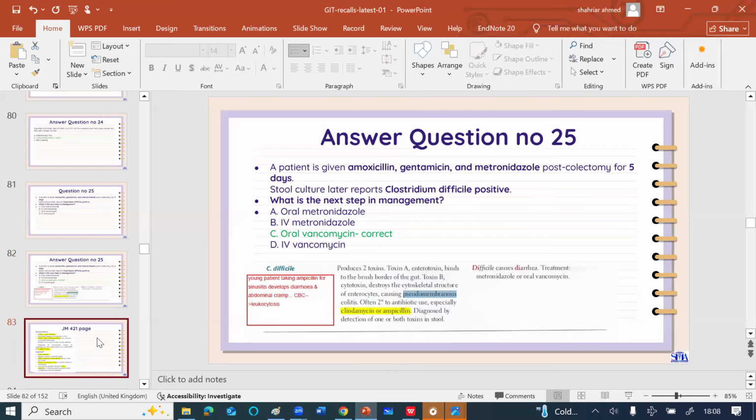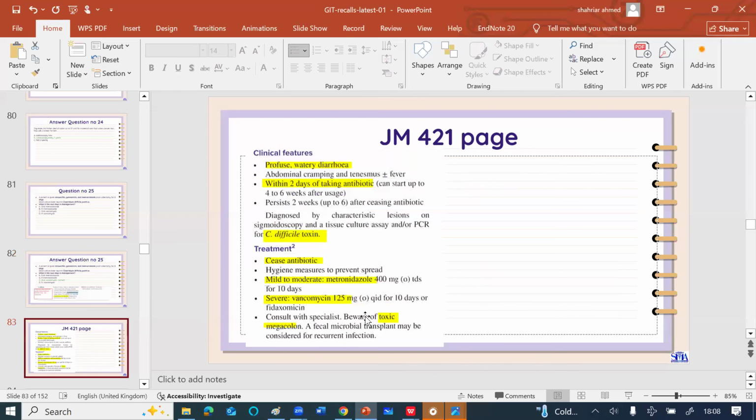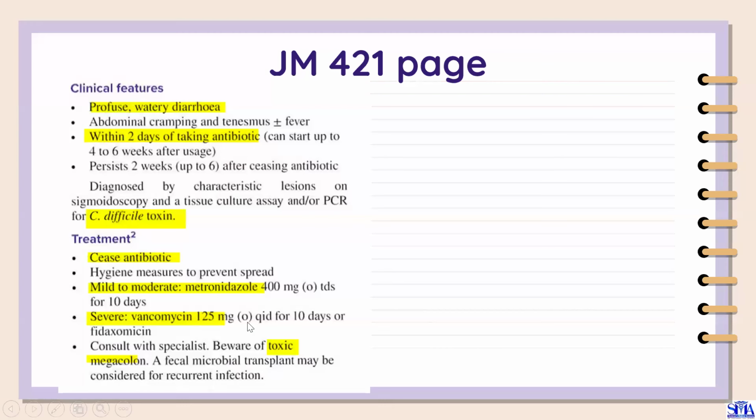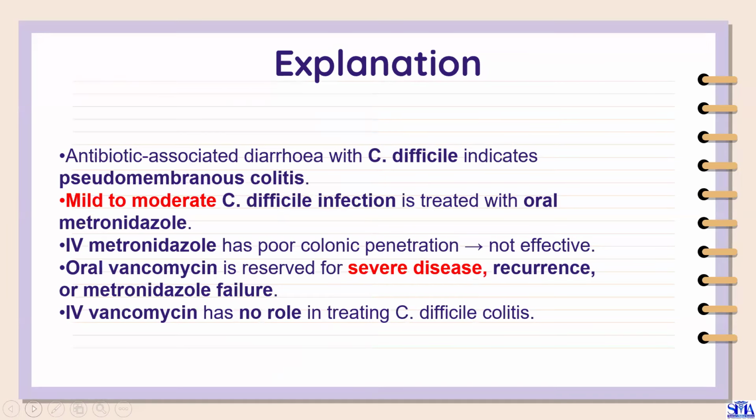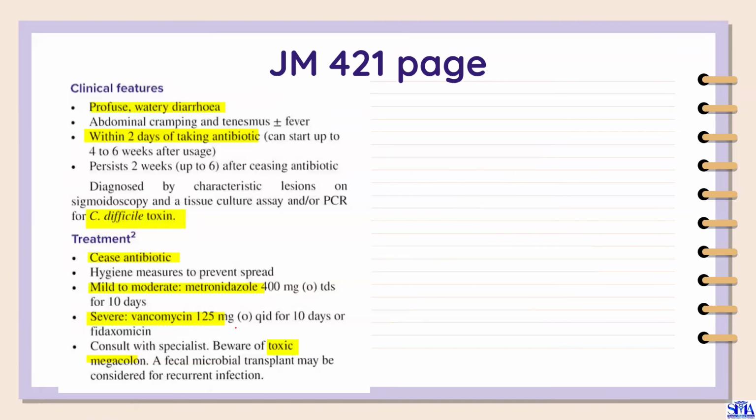So if metro is not there, you can give oral vancomycin. This line may be helpful. Yeah. So it's the oral one, just to be clear.